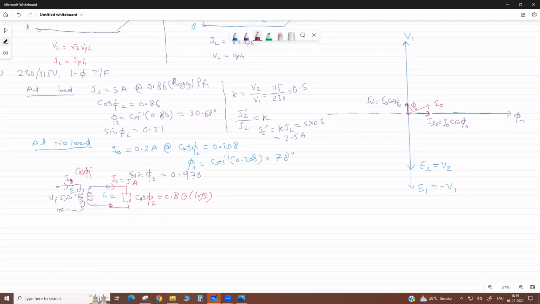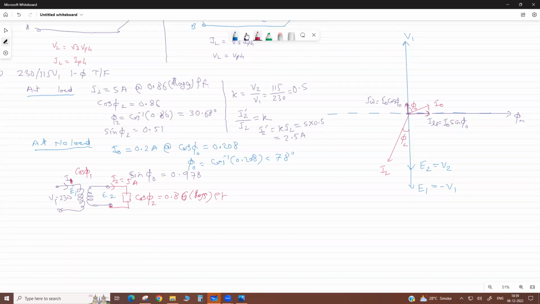This is asking for I1 and cos phi 1. If we put the load on the secondary side, the current lags the secondary voltage at a lagging power factor. If the load power factor is lagging 0.86, it lags the secondary voltage by an angle of 30 degrees. This is phi 2, and this is your I2.